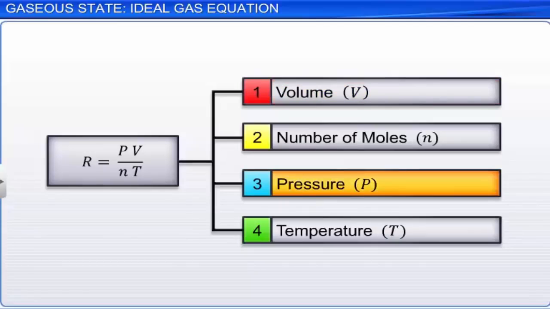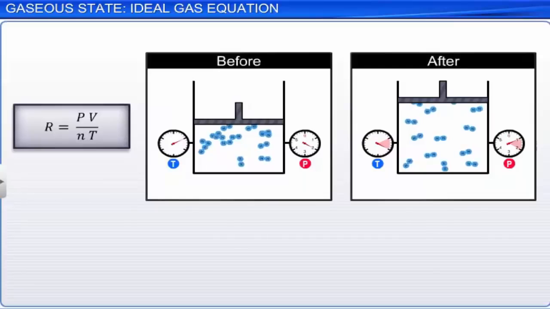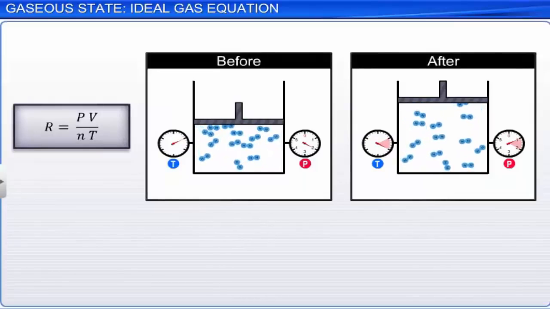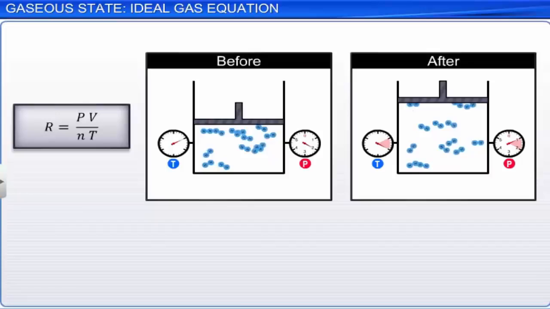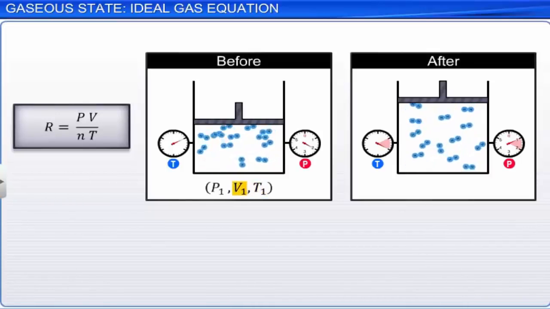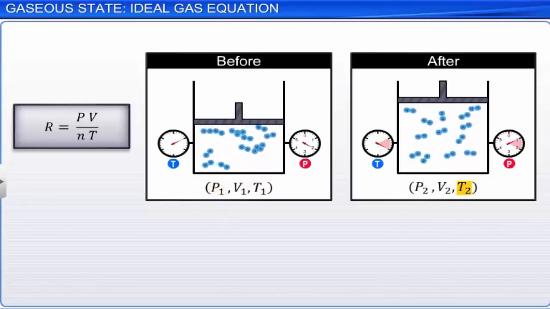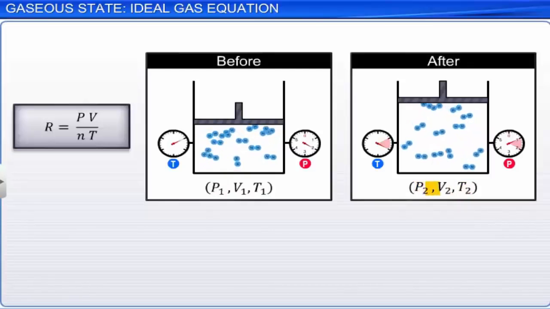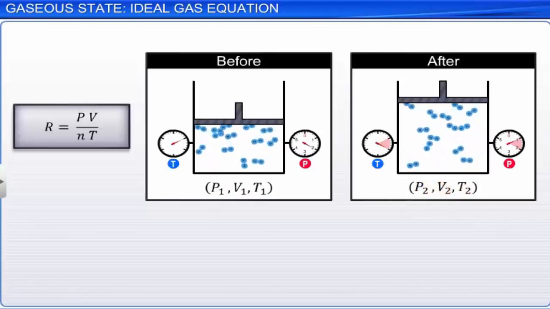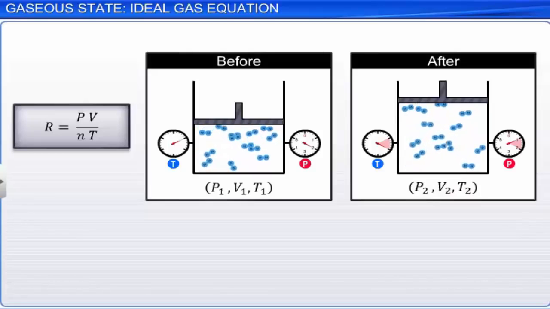If we vary temperature, volume and pressure of a fixed amount of gas, that is, keeping the number of moles N of the gas constant, from T1, V1 and P1 to T2, P2 and V2, then using the ideal gas equation, we can write P1 V1 by T1 is equal to NR and P2 V2 by T2 is equal to NR.